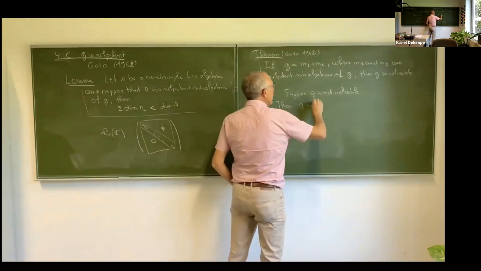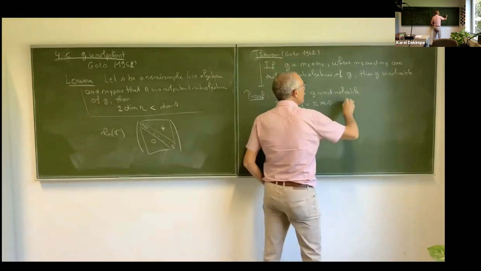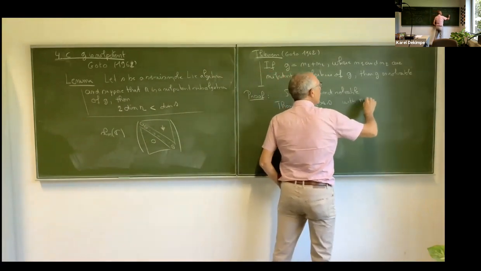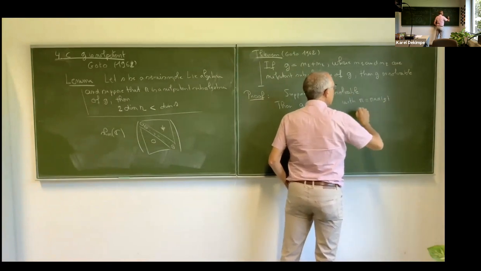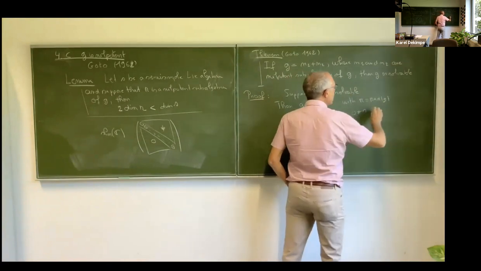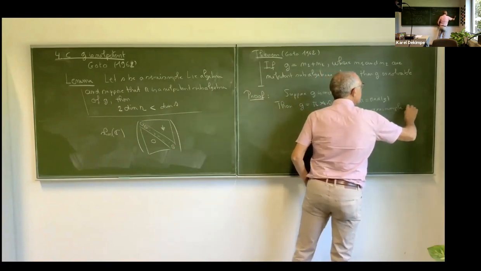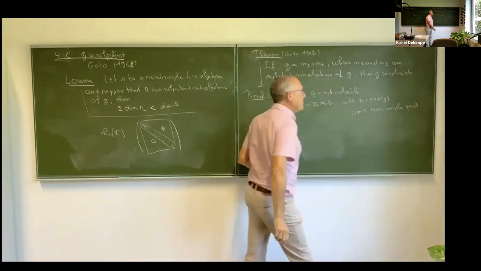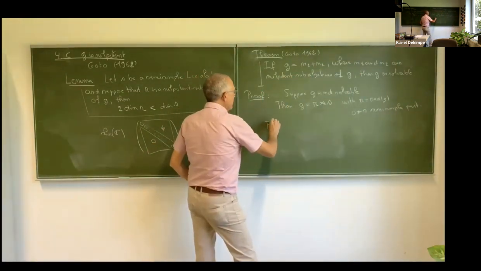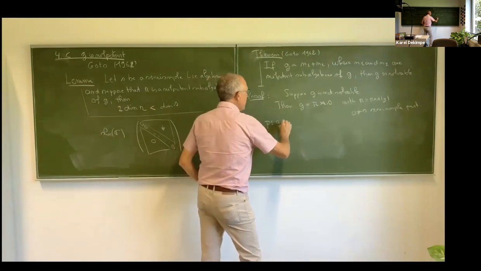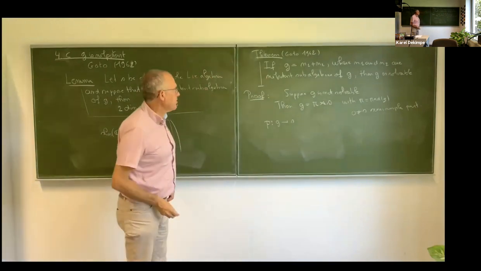Then G can be written as R semi-direct S, with R the radical of G and S a non-trivial semisimple subalgebra. And now we can consider the natural projection from G to S, so just project down onto the second component.